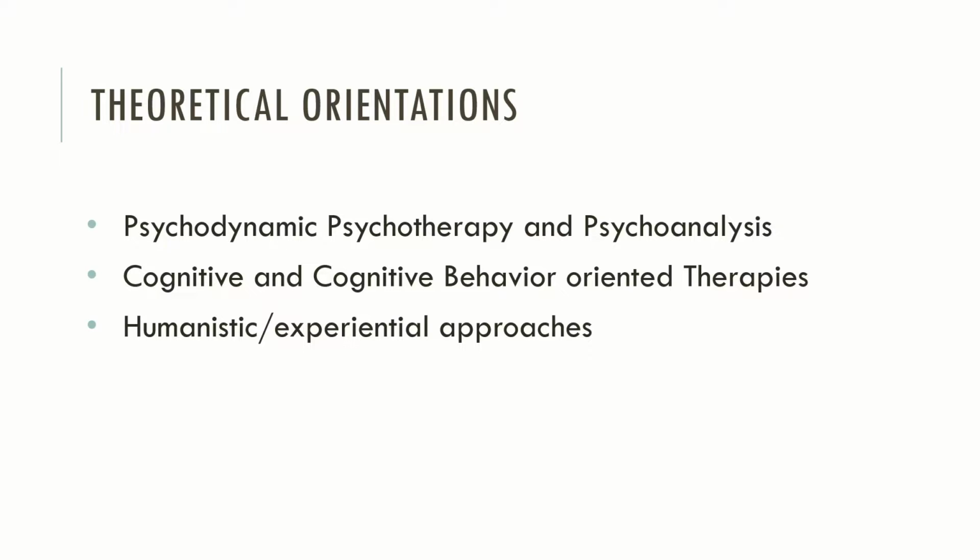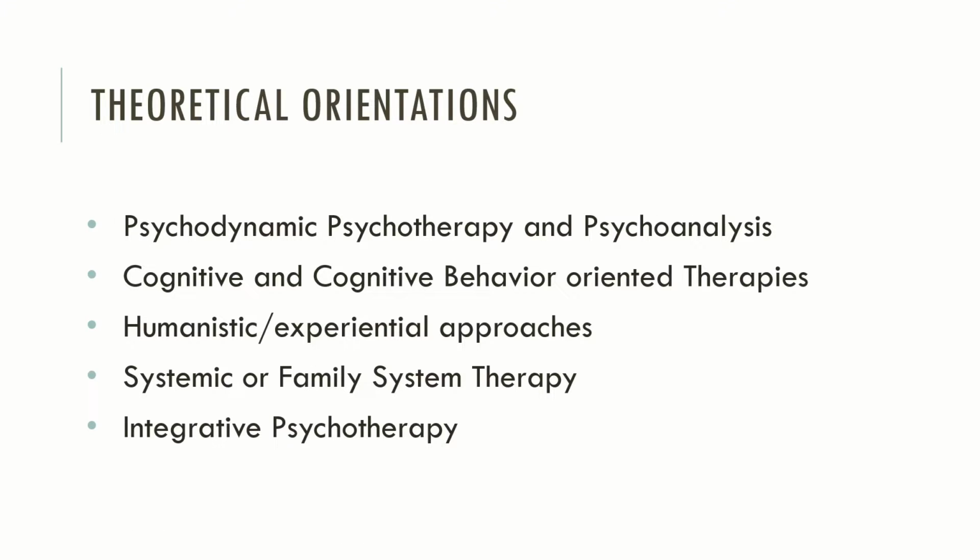The fourth is systemic or family system therapy. And the fifth is integrative psychotherapy, which is a form of psychotherapy that tends to draw on different views from every specific theoretical approach and tries to use the best of them to incorporate in a different view of case conceptualization and clinical decision making.